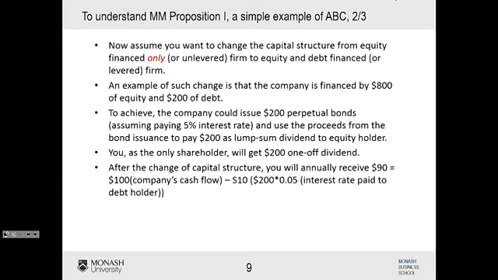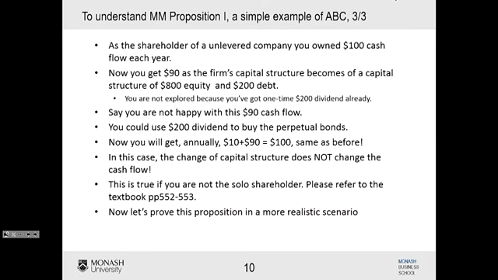Originally, you received $100. Right now, after you decide to change the capital structure, you receive $90. As a shareholder of an unlevered firm before, you owned $100 cash flow each year. But right now, because you changed the capital structure of the firm, you only receive $90.